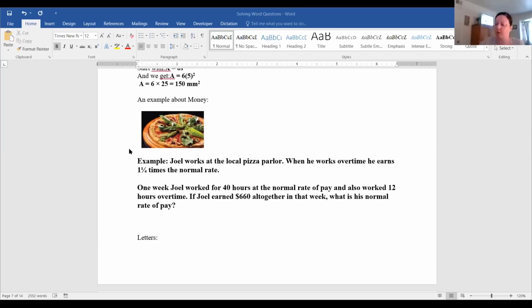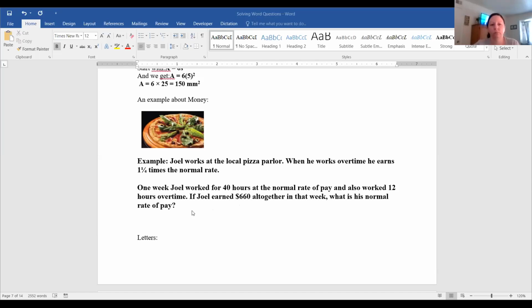Here in this example, a guy works at a pizza parlor, and when he works overtime, it's 1 1/4 times the normal rate. So if he works 40 hours at the normal rate of pay and then 12 hours at overtime, and he earns $660 together in that week, what is his normal rate of pay?